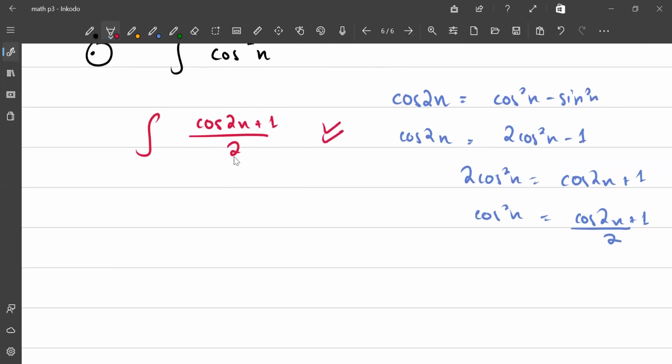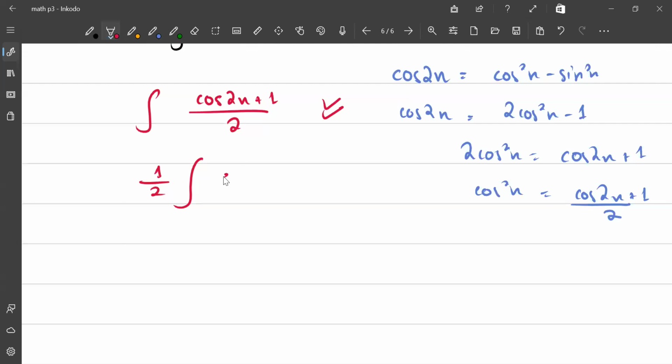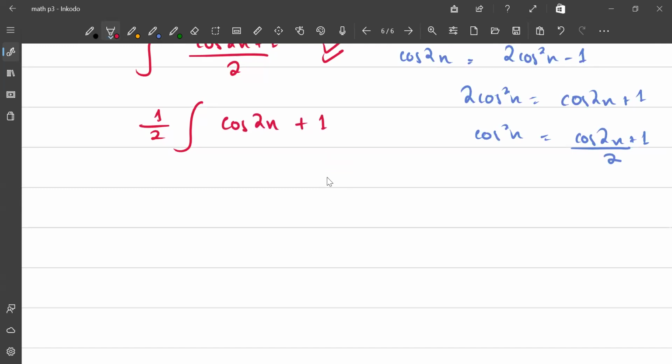So now this is what you are going to integrate. 1 upon 2 will be written outside, and now you integrate this. It would be the integral of cos 2x, as we learned in model number 8.